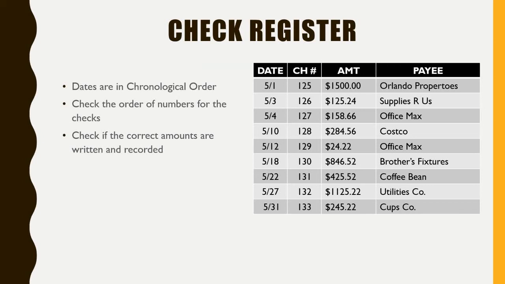And of course, the most important thing is you have a check number, right? The best way to keep track of your transactions is by having some kind of sequence number. So in this case, as you can see, I have a whole bunch of checks right here, from check number 125 all the way to 133.